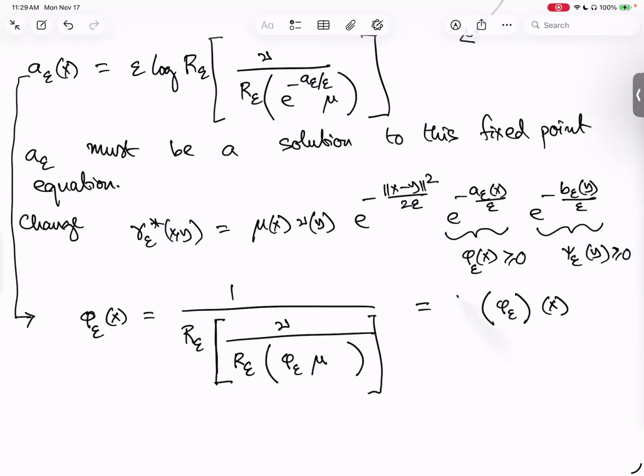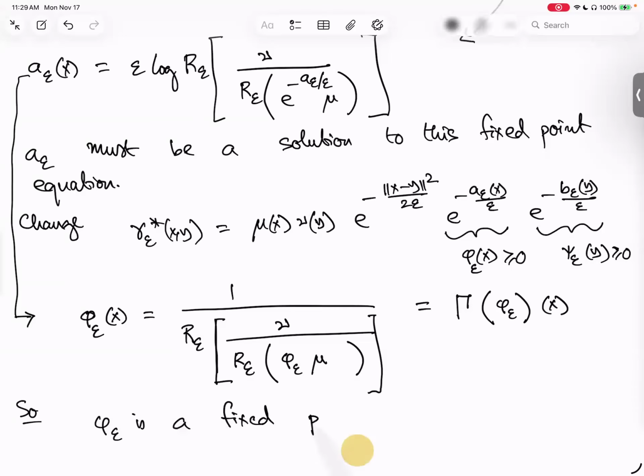Let's say capital gamma. And so phi epsilon is a fixed point of this equation. Phi epsilon is gamma of phi epsilon.